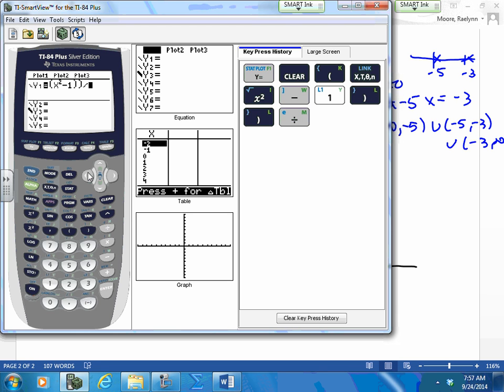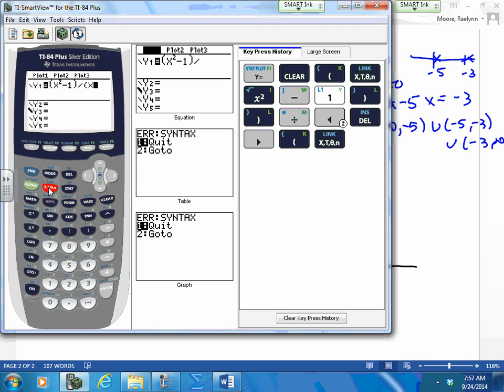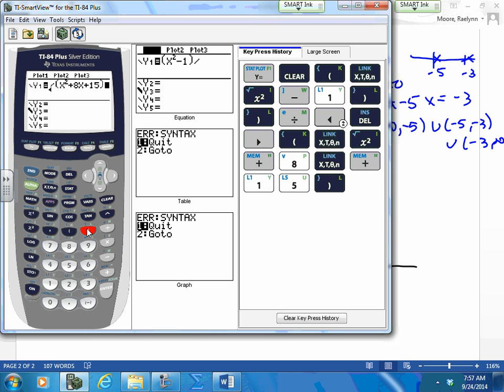Okay, and my denominator. Okay, now here's a nice little, let's look at this first.